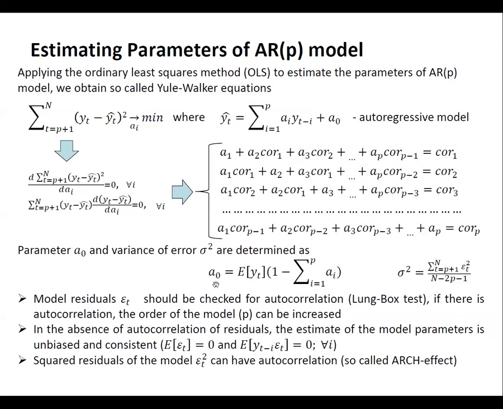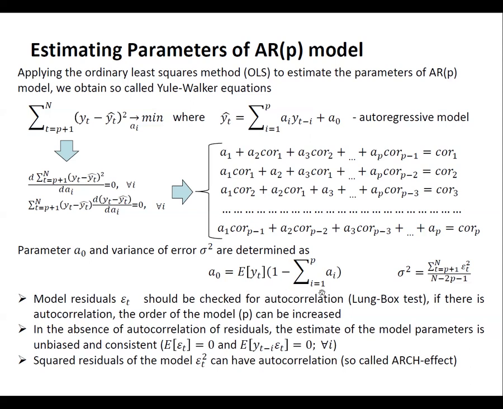The autoregressive model constant, A0, is determined by the formula through the average value of the original series Y. We already went through this in the previous lecture when we considered how the math expectation of the value Y is calculated.